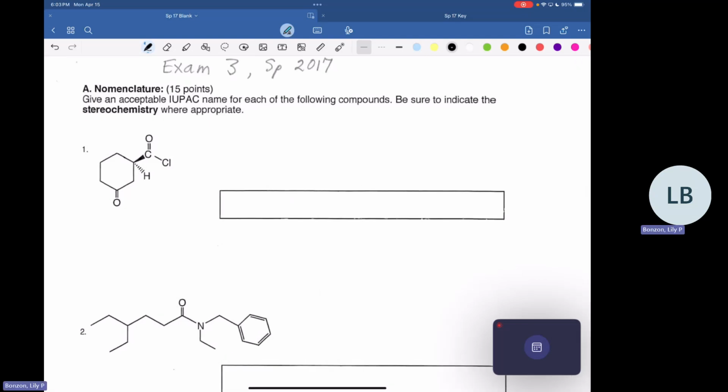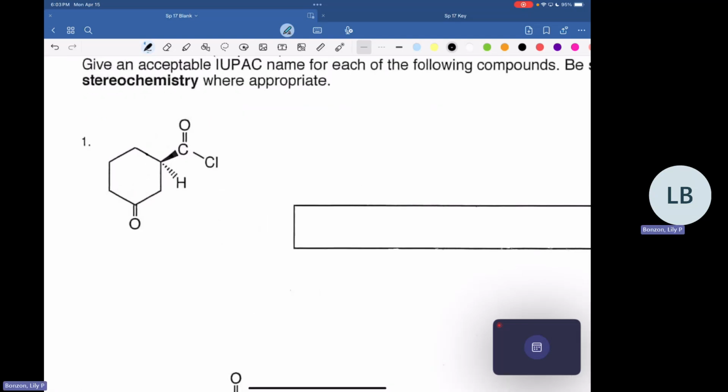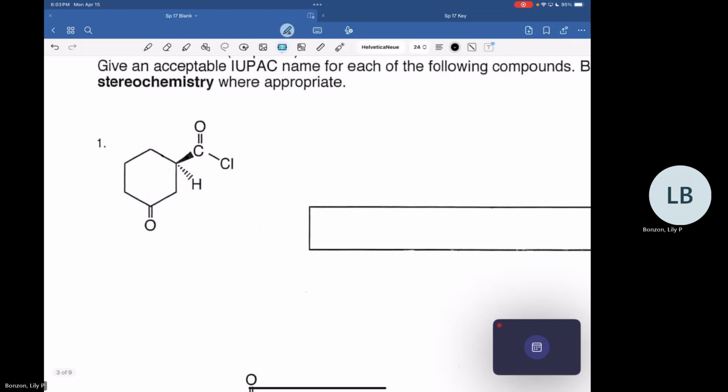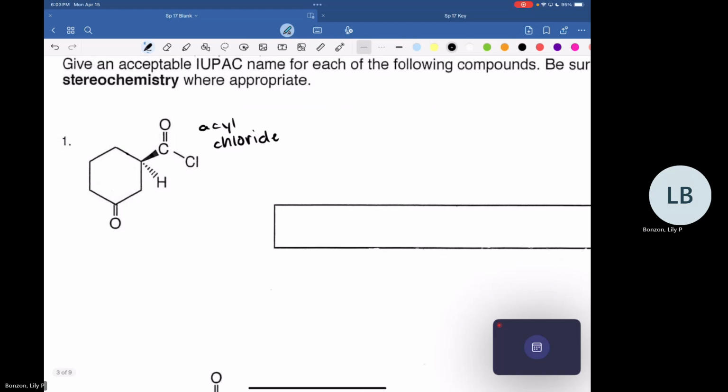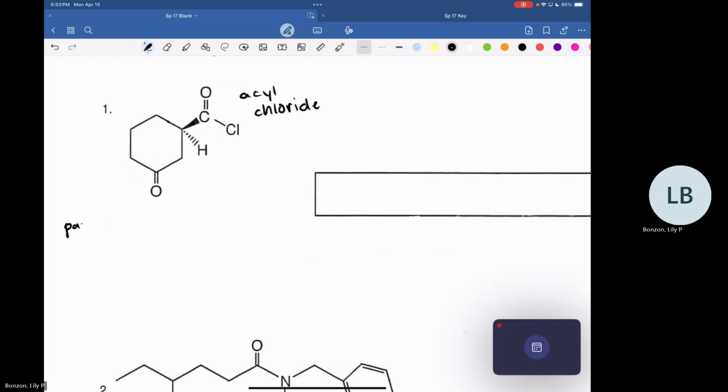Okay, all right, so going into this first question, we see we have this acyl chloride. Compared to all of the other stuff on the ring, this is going to be our highest priority. And so for a cyclic acyl chloride, the ending is going to be carbonyl chloride, and then the cyclohexane will come before that.